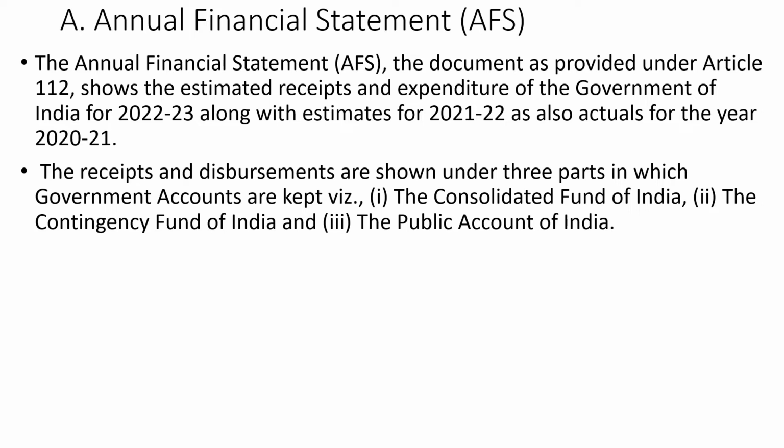It shows the estimated receipts and expenditure of the Government of India for 22-23, along with the estimates for 2021-22 and the actuals for the year 2021. The receipts and disbursements are shown under three parts: first the Consolidated Fund, then the Contingency Fund, and then the Public Account of India. Let's understand each of these in detail.